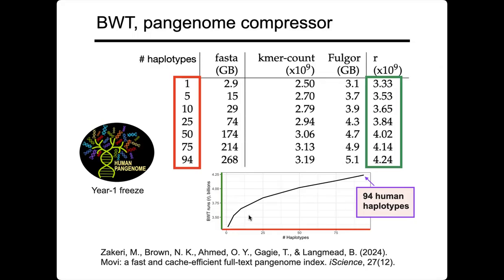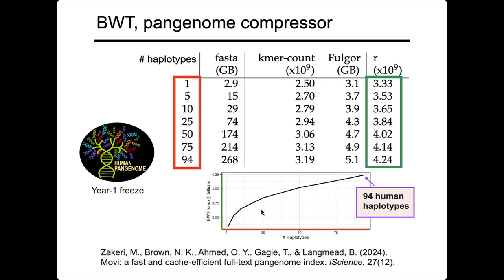This black line here tracks with the number in the green column. And so you can see as you add more genomes, instead of 3 billion bases for each haplotype, you add closer to 100 to 200 million runs per haplotype.